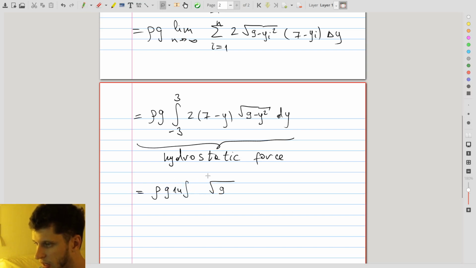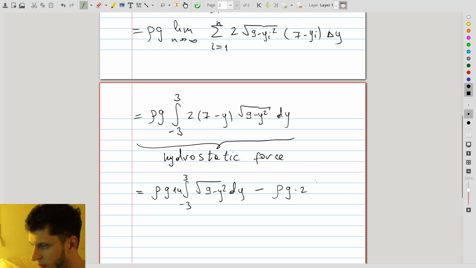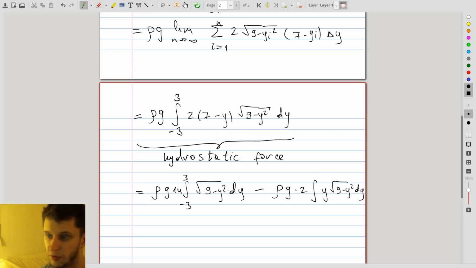So I have 14 times the integral of the square root of 9 minus y squared dy from -3 to 3, minus rho g times 2 times the integral of y times the square root of 9 minus y squared. Of course, what you should do in the first integral here is a trig sub, in the second integral a u sub. So if you do that, you will obtain the values.